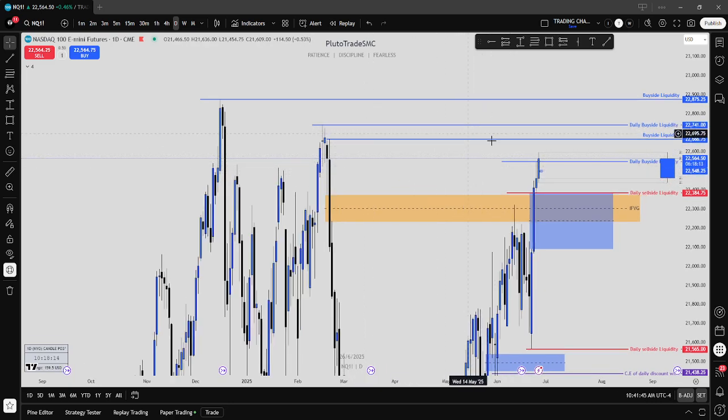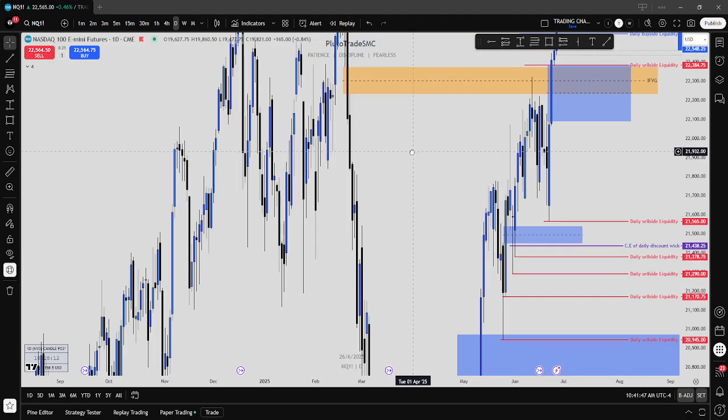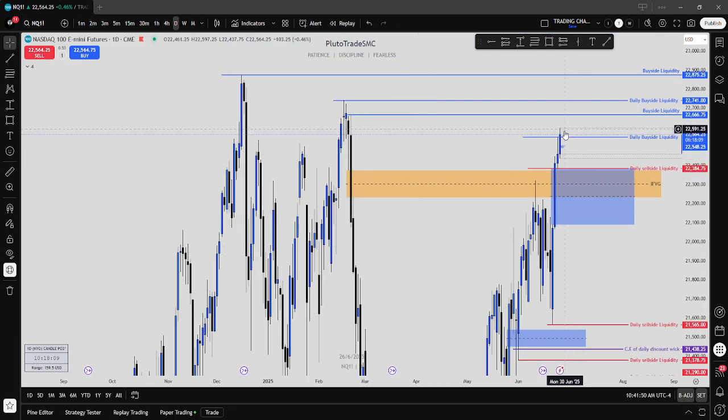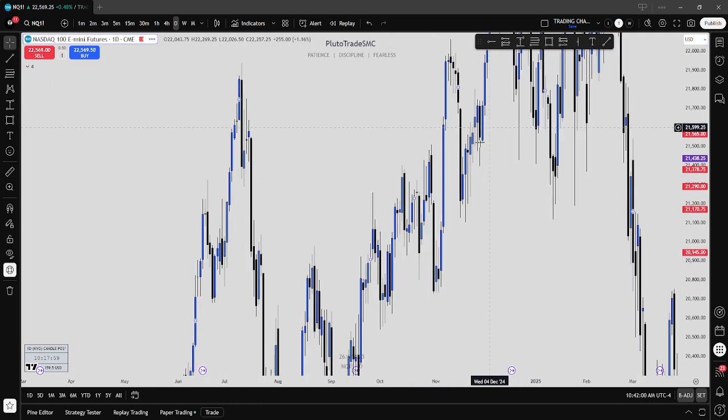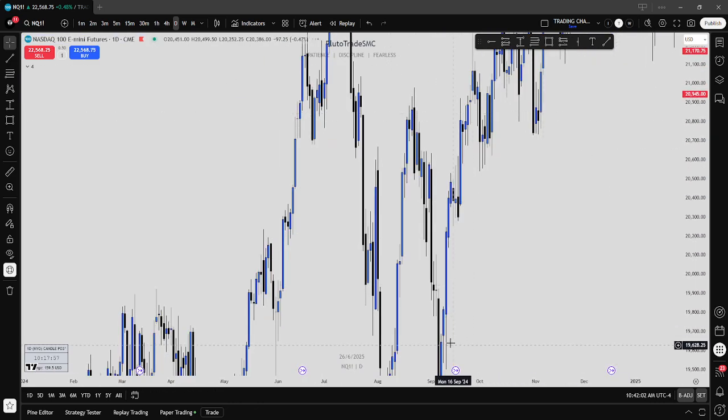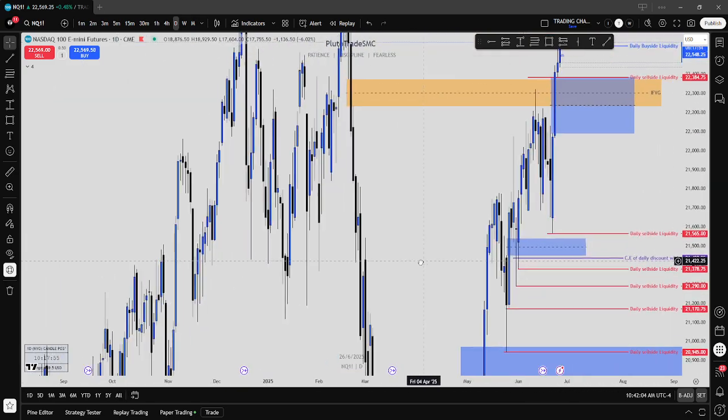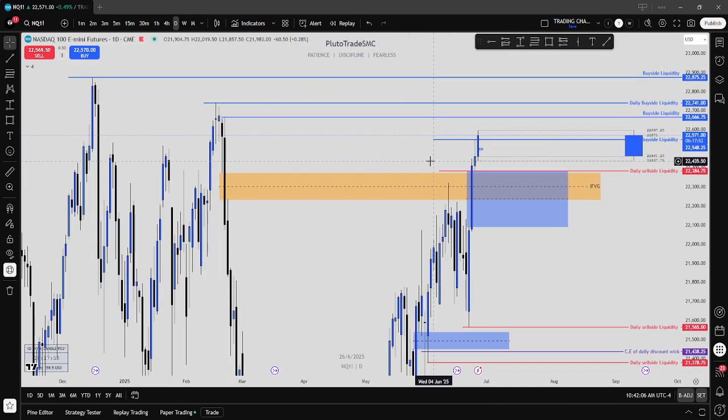Here's another scenario that could happen. It could drop tomorrow all the way down in here, and then continue. I really don't think we'll just go straight up. I mean, it's possible. It's done it before. Very possible. But we'll see.